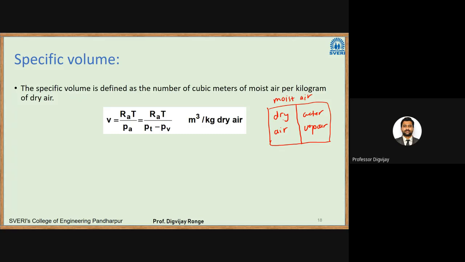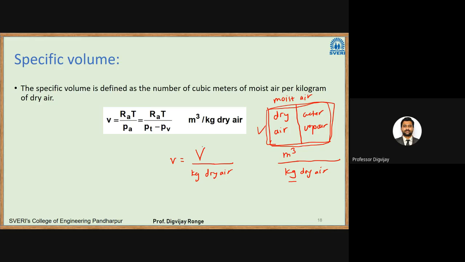But if you take only the dry air out and measure its volume, it will be in meter cube divided by kilogram of dry air. This total volume of the mixture in meter cube, divided by kilogram of dry air, is nothing but the specific volume. So v is equal to total volume of the system divided by kg of dry air.